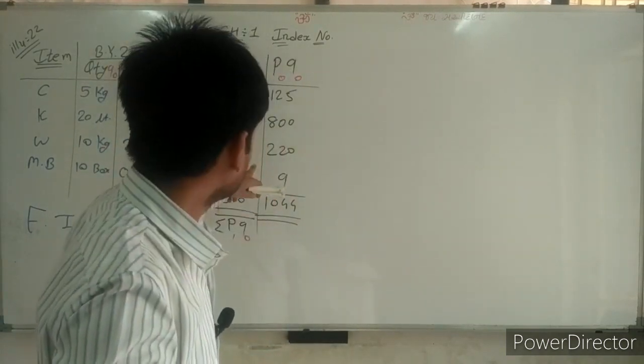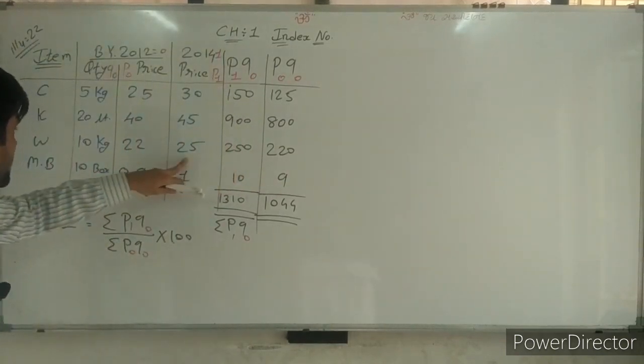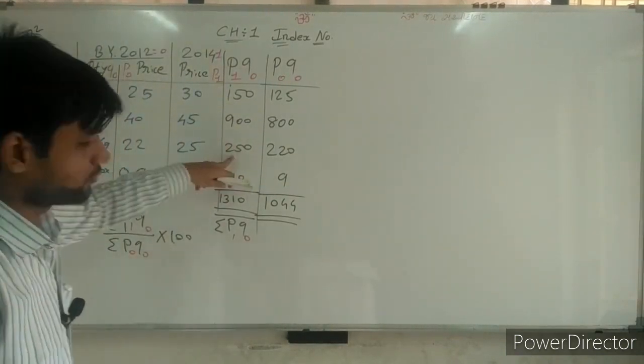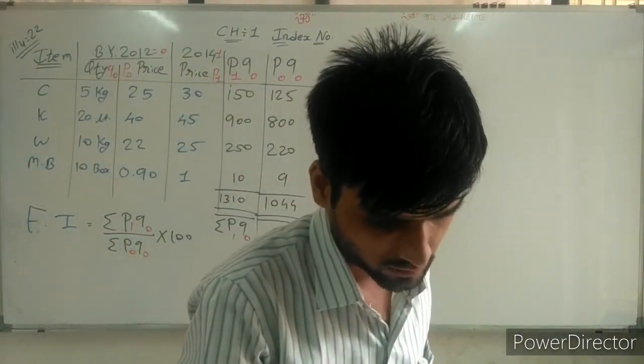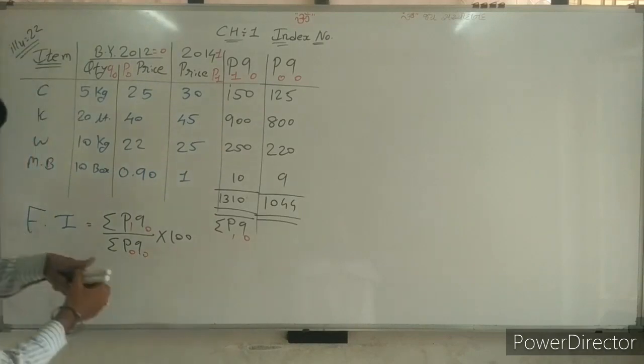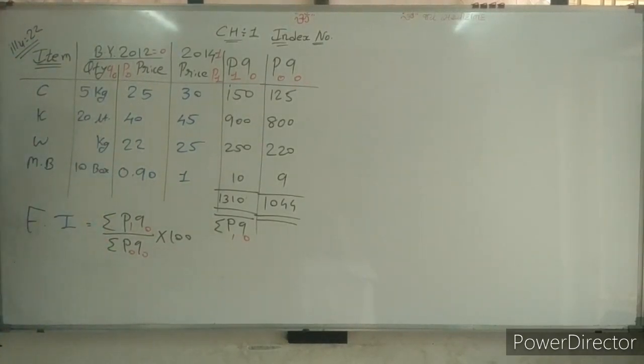150, 900. Here 25 into 10, 250, it's okay. But here 5 kg information is available. In illustration number 22, 5 kg is there.